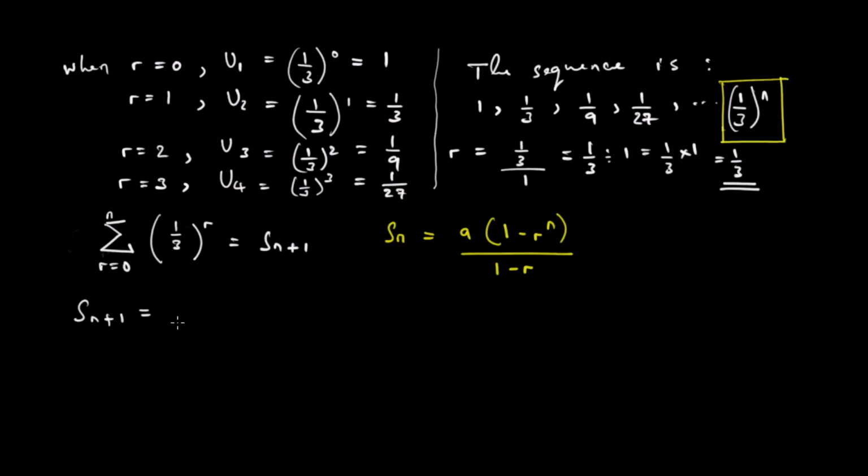Inenge iri equal to a 1 minus r to the n plus 1 over 1 minus r, like that. Saka manzwisisa here nei takaita ati sum of n plus 1 instead of sum of n, because hatisi kutangira pana 1 tutangira pana 0. Saka we have to count r is equals to 0 as a term. That is why we did that.